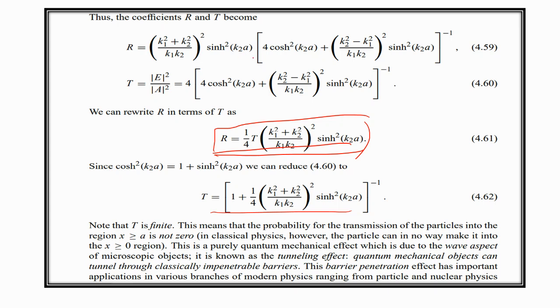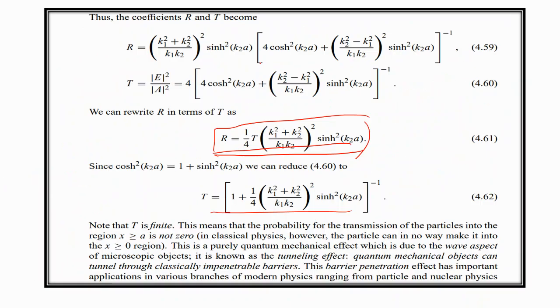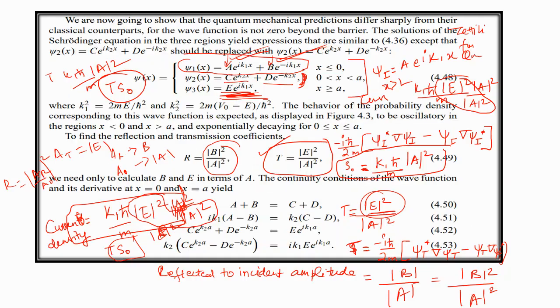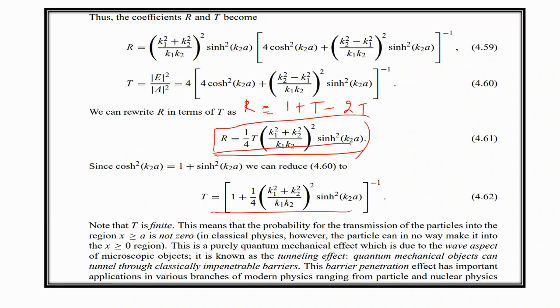Try to put what I got from here. 1 plus, okay. So R is equals to 1 plus T minus 2 AT by A naught, 2 T under root 1 by 2, na? So try to put these two values in this. If right hand side is equals to left hand side, that means answer A is correct.